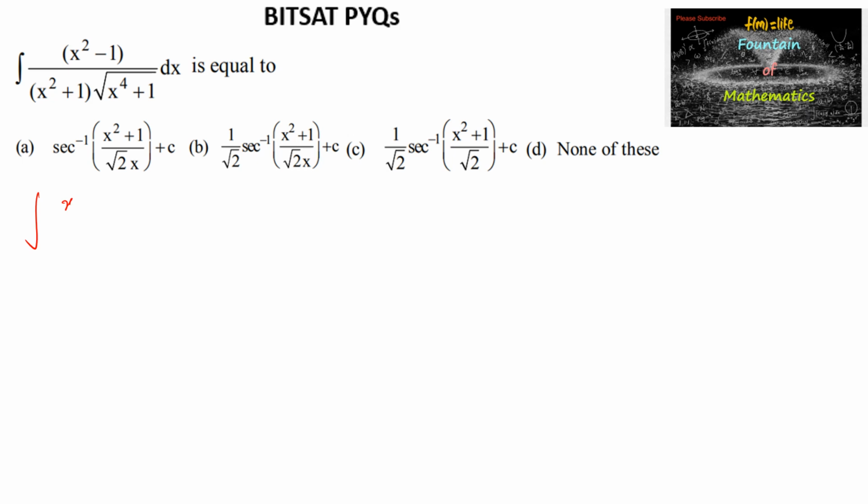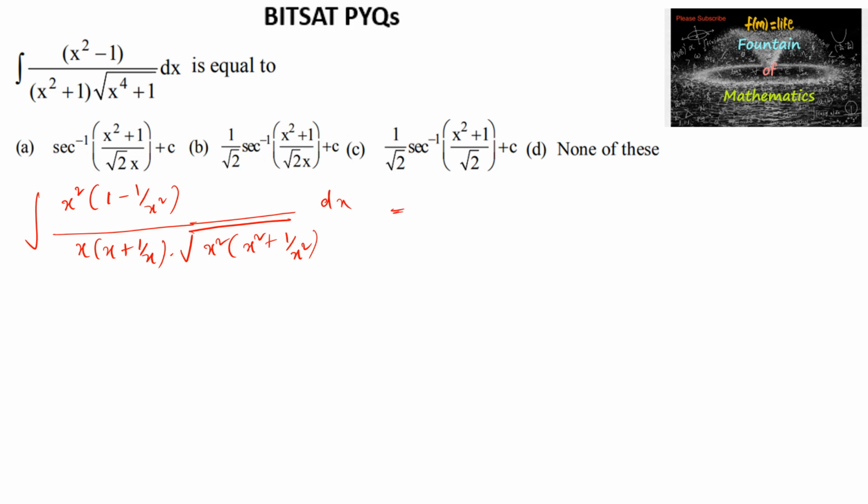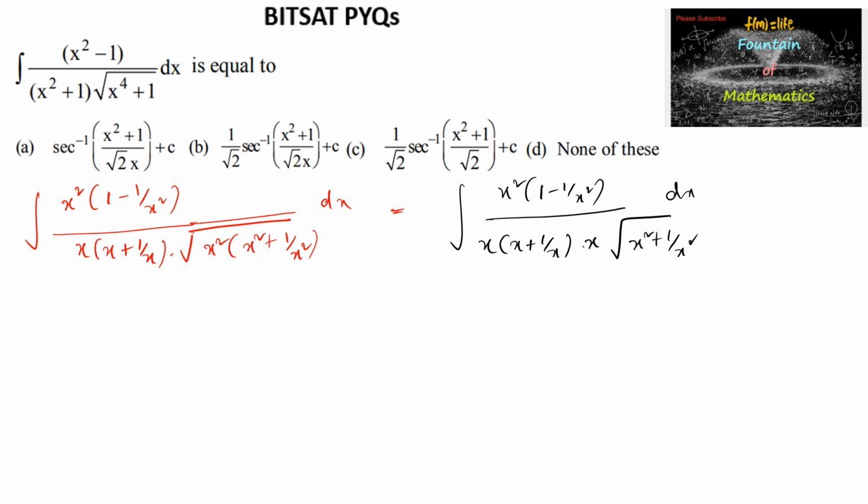So we get x square taken common, 1 minus 1 upon x square, divided by, and here we can take x common, x plus 1 upon x, into again under root of, so here x square is taken common, so x square plus 1 by x square dx, which is equal to x square into 1 minus 1 upon x square divided by x times of x plus 1 upon x, and root of x square will bring x outside, so we'll get root of x square plus 1 by x square dx.